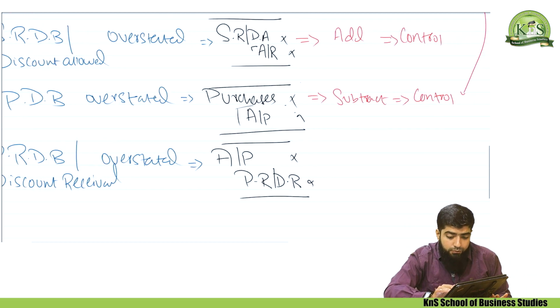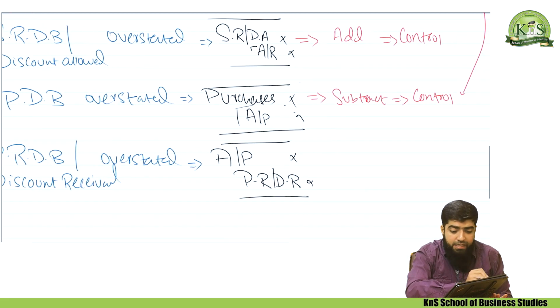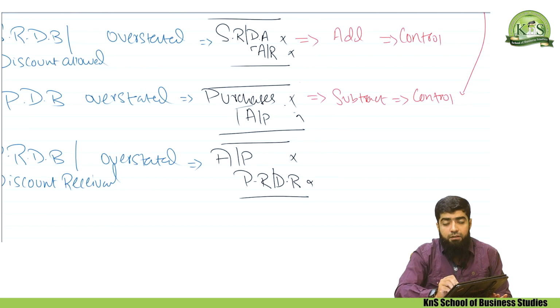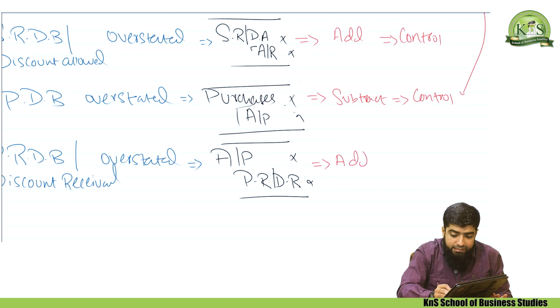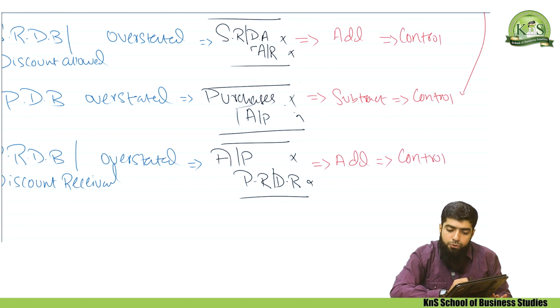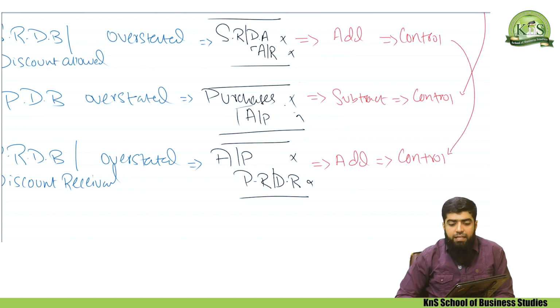Now what will be the treatment for this one? You have deducted the payable with the higher amount. It means now you have to add back. You have to increase the amount of payable. So the treatment would be adding up, and definitely this treatment will also be made in the control account. So again, the sales return and the purchase return treatment would remain the same.